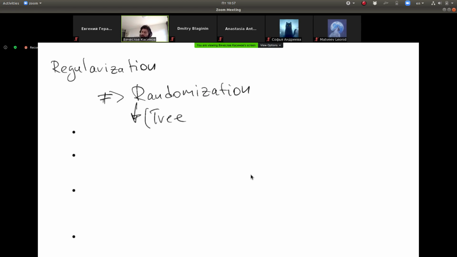If we usually boost trees, you know what to randomize here: the feature space and the sample space. On what objects do you learn, and what features do you use?